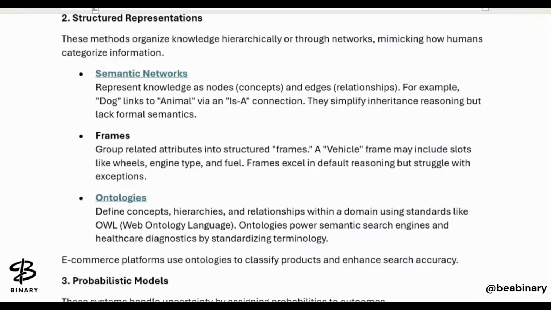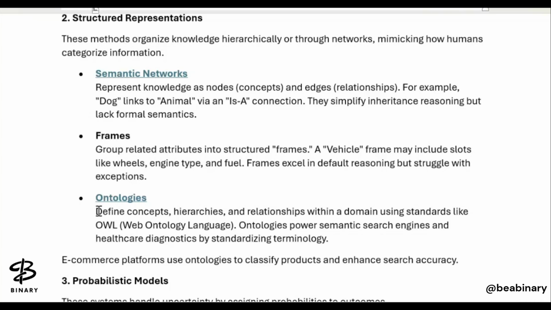But in our unit, we are talking about semantic networks, which we have further divided into partitioned networks, and then we talked about frames. When we talked about structured representation, we talked about ontologies also.